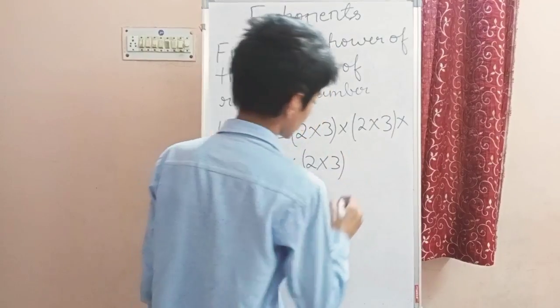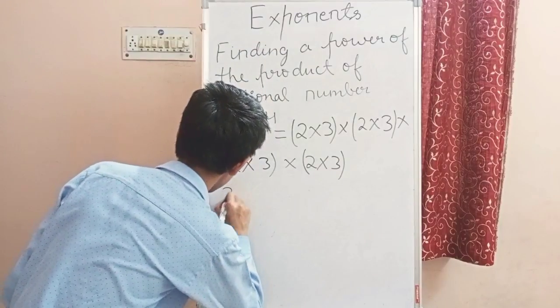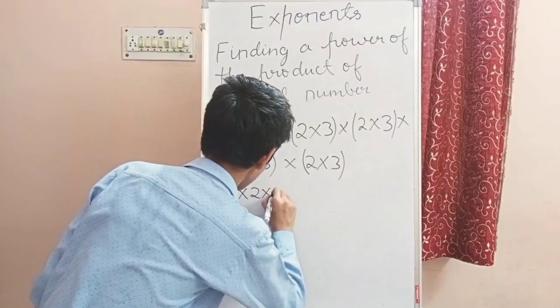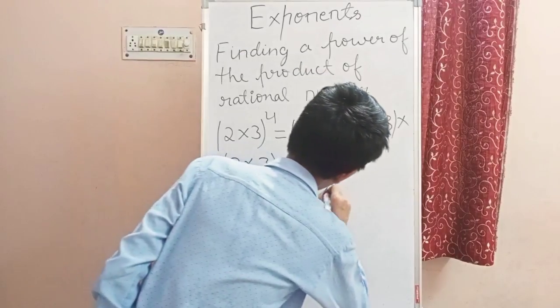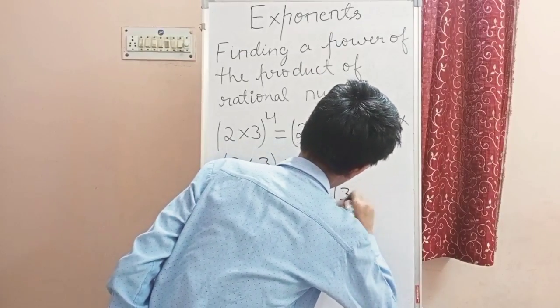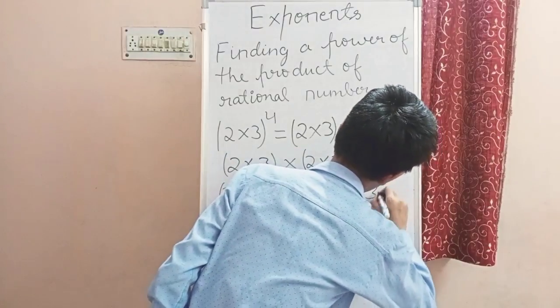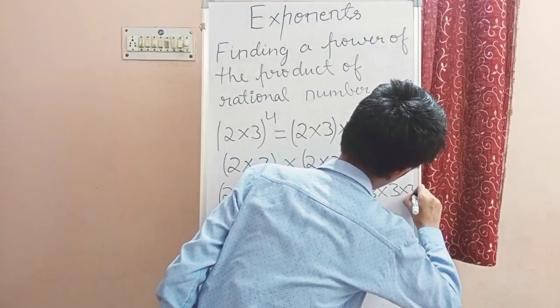Okay, we can do it like this, or we can do it like this: 2 into 2 into 2 into 2, 4 times 2, and again 3 into 3 into 3 into 3.